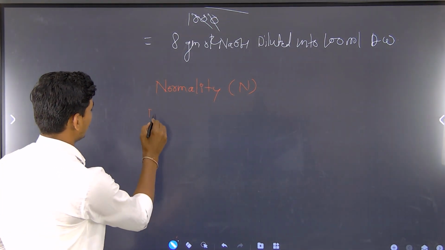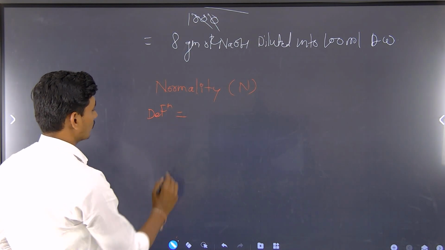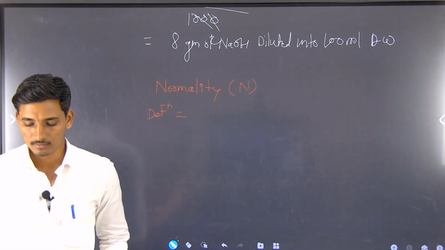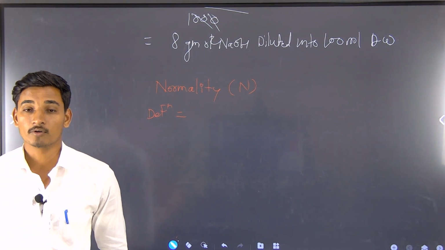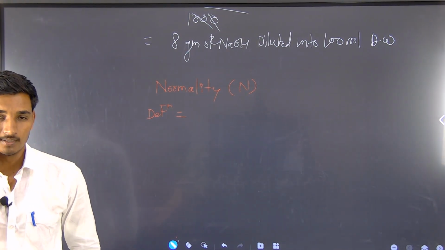First of all, the definition of normality. Normality is defined as the number of equivalent weights of the solute per liter of the solution.